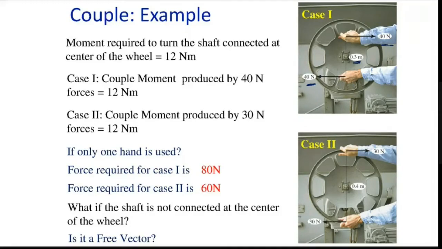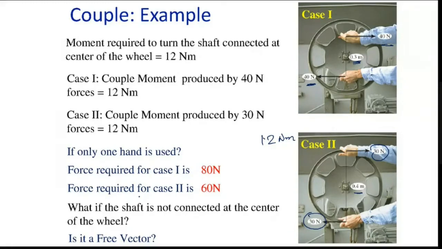12 Newton meter. But what happens if you hold in some other, higher location? Your distance is 0.4, but the force required is less compared to this. Instead of 40, here 30 is enough. But the moment is the same, 12 Newton meter.